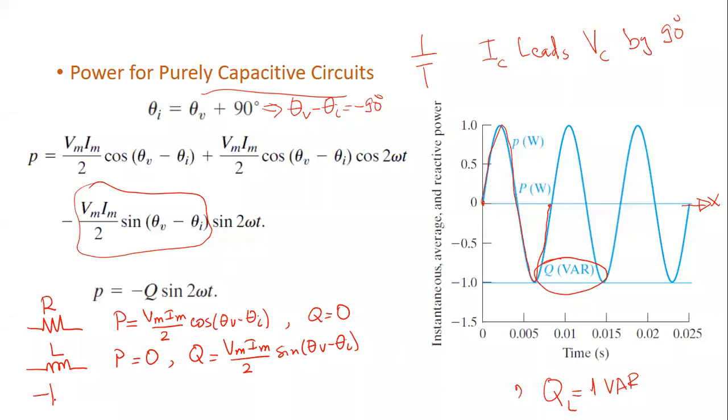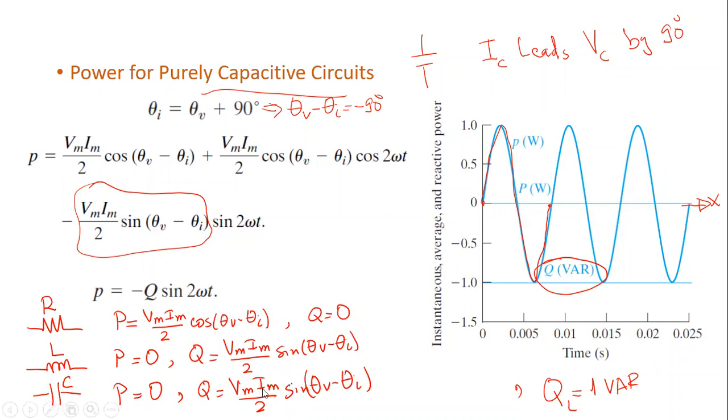And if you have a capacitive circuit, again, the average power is equal to 0, while Q will be equal to V maximum I maximum over 2 sine of theta V minus theta I. And the difference theta V minus theta I is equal to -90, and sine -90 is -1.